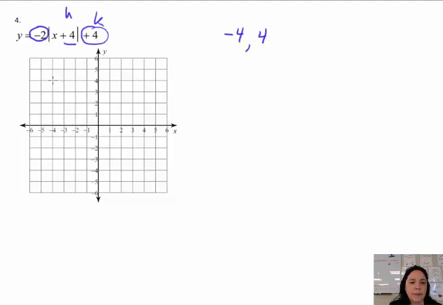So -4, +4. Here we have our vertex, and we have a minus sign, which means that our V is going to go downward. That's what -4 for our a is going to mean.